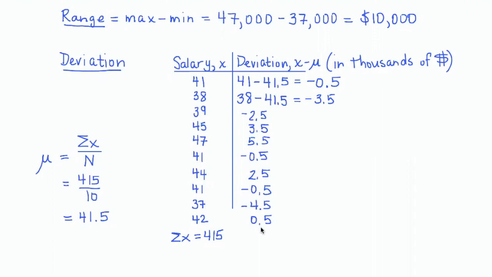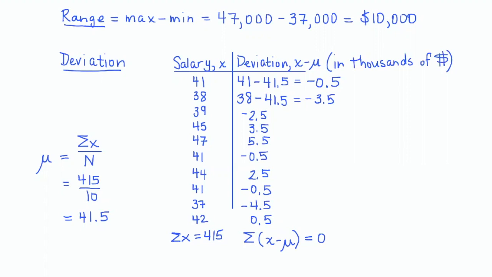But as the note up above told us, when you sum up the deviations, which is the x minus mu's, you get 0. So deviation speaks about how far an individual piece of data is from the mean, but in terms of trying to get an aggregate for the whole data set, we can't just simply sum those up.